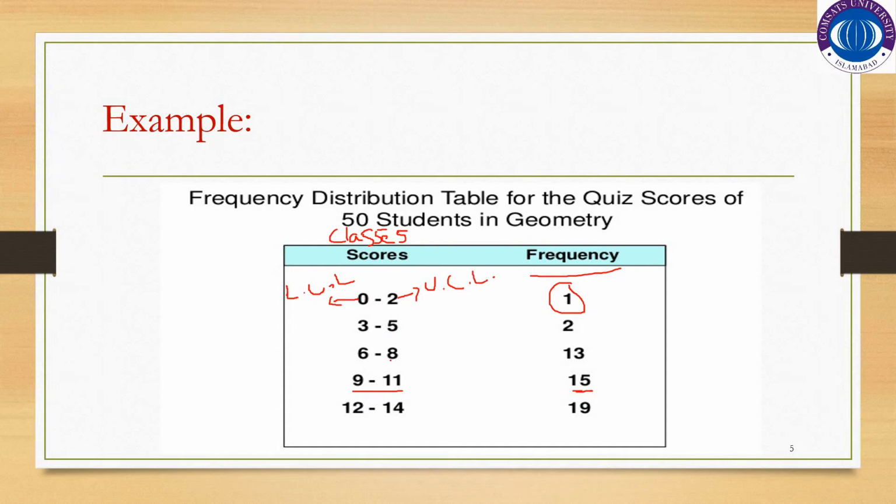Similarly, if we go to class 6 to 8, 6 is the lower class limit of this class, and 8 is the upper class limit of this class. When we have dataset defined or arranged in classes, then the lower and upper class limit both are included. That is, 0 and 2 both are included in this class. 3 and 5 both are included in this class.